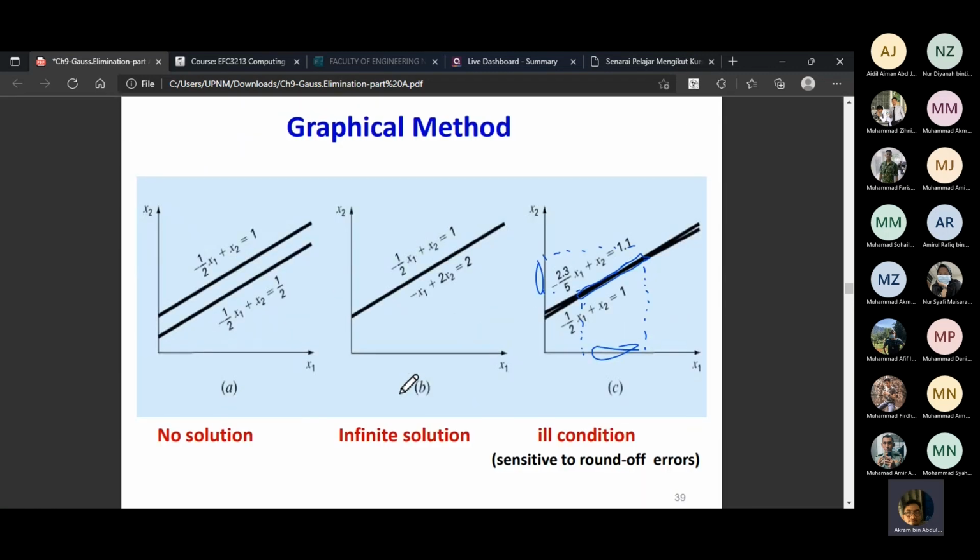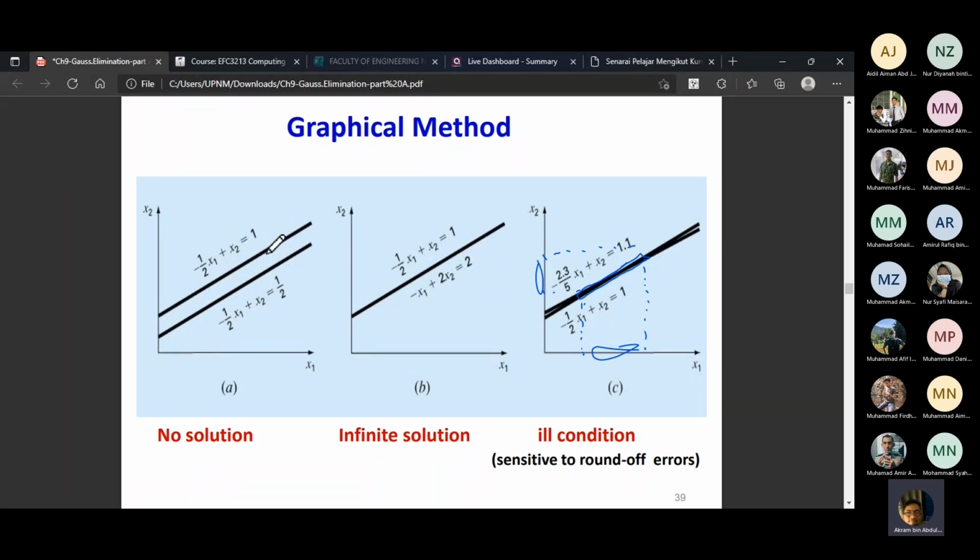Somehow, there is a certain times where there is no solution when we do graphically. So in figure A, when we plot these two lines, there is no solution.